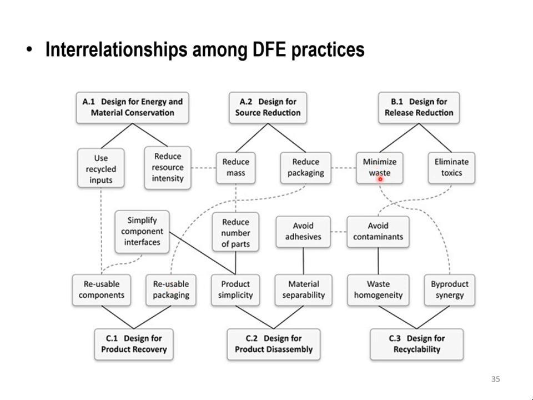Minimize the waste, and this can be done by reducing the packaging, of course, and the byproduct synergy to be used in the design for the recyclability. The waste homogeneity is going to be about avoiding the contaminants, eliminating the toxics, and avoiding the adhesives. So every part is going to be linked with the others by multiple interrelationships for these practices.